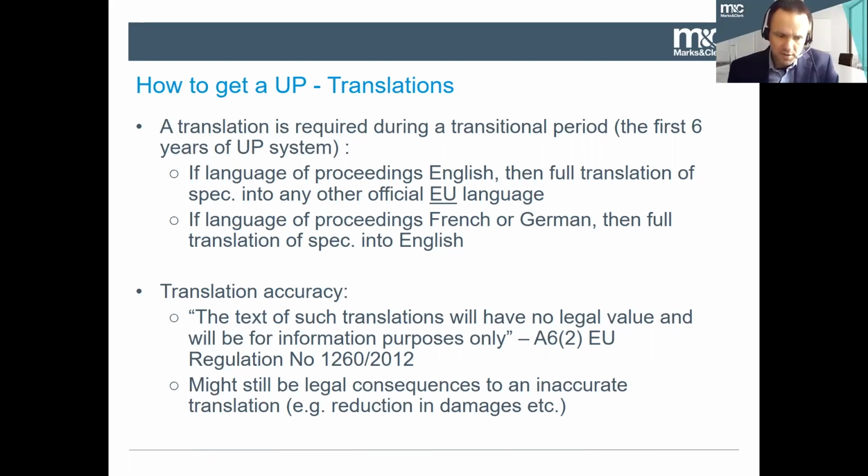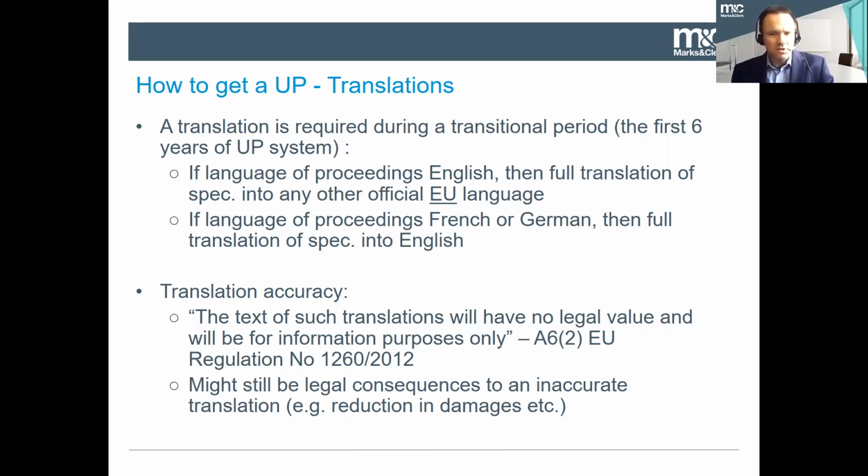Put in other words, if a court was to deal with a validity action or an infringement action, they would base their decision on the text as granted by the European Patent Office in the language of grant, so mostly in English.